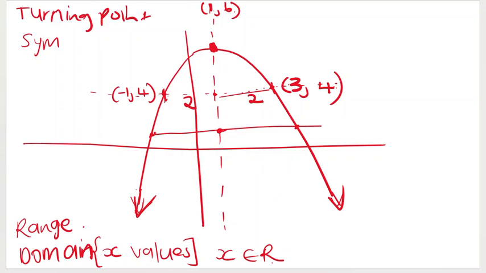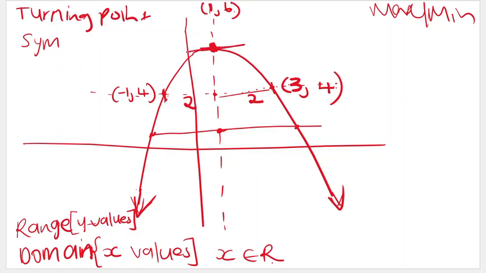And then with the range, when we talk about the range, we're talking about all the possible y values. What this means is that we are going to look at where our graph starts and where it ends. Because the parabola has a maximum or minimum. So on this one here, we have the maximum value.